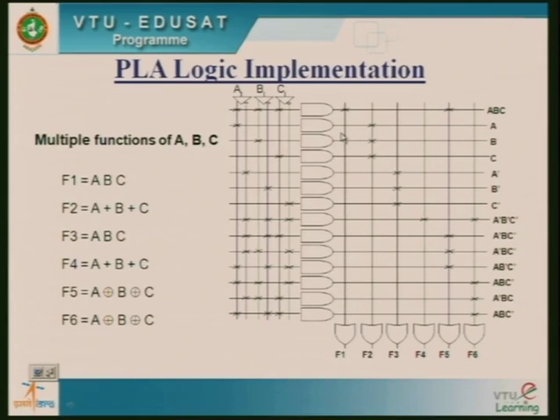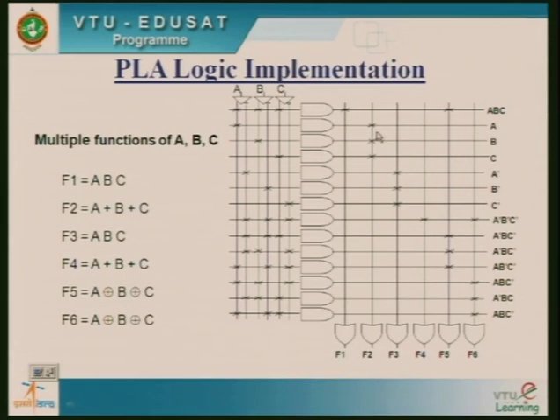There is a line over here which is connecting F1 to all AND gates. Wherever required, I am going to fuse or blow this. So there is a connection between F1 and your A, B and C. This cross represents connectivity. So the fuse is blown here, and this particular connection has been made for F1.